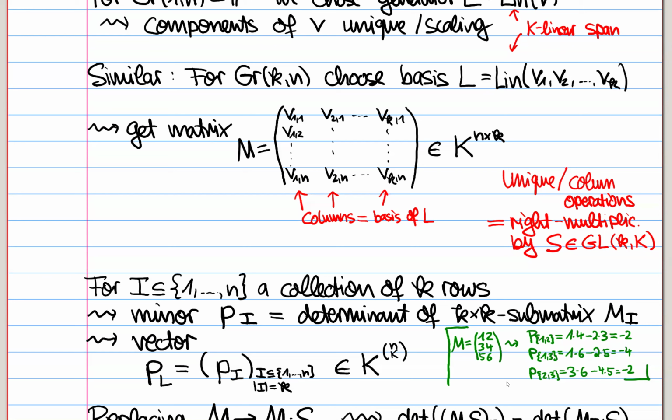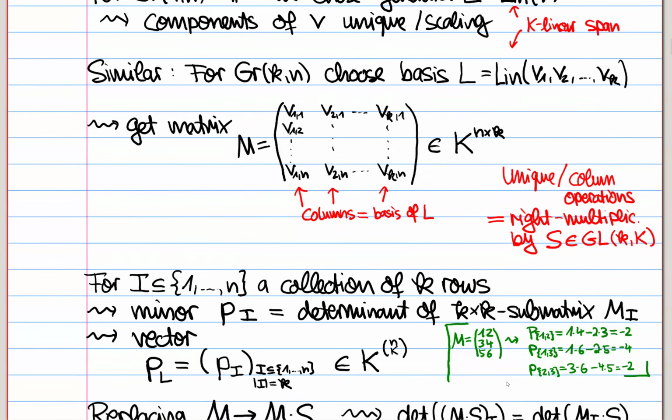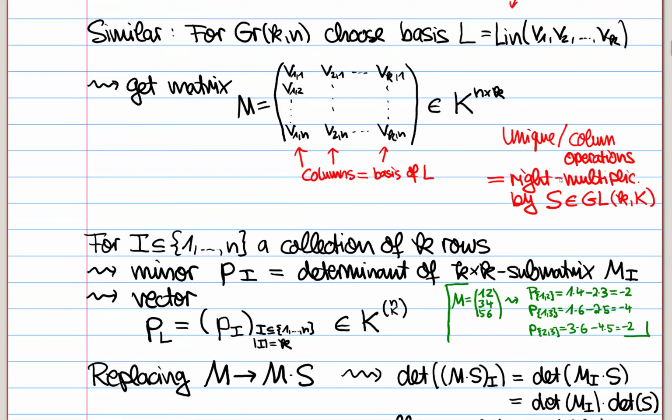And what is the good thing about these maximal minors? Well, now suppose we act by some matrix S from the right. So you replace M by M times S. This would correspond to choosing a different basis here. What happens to all of these minors?